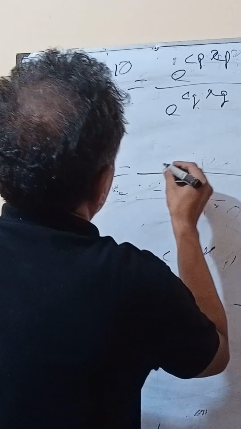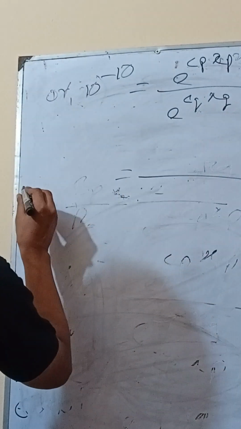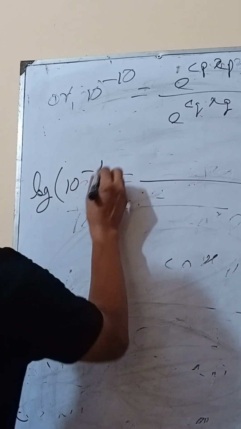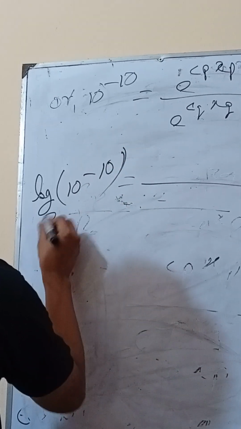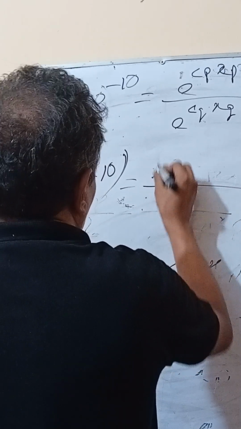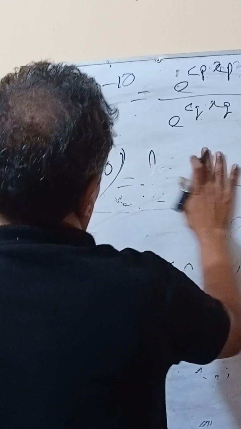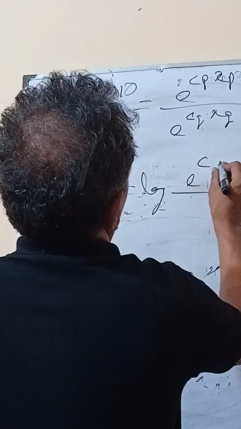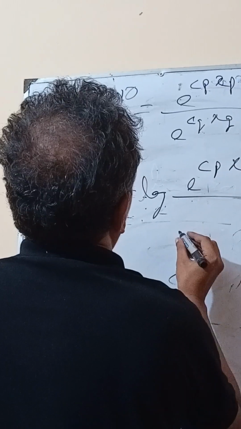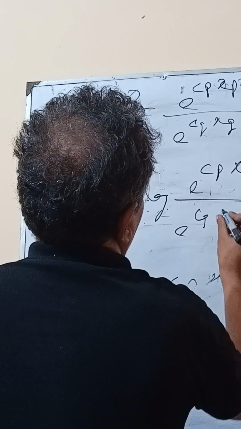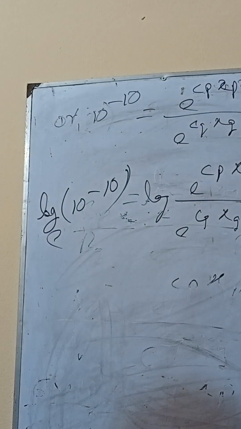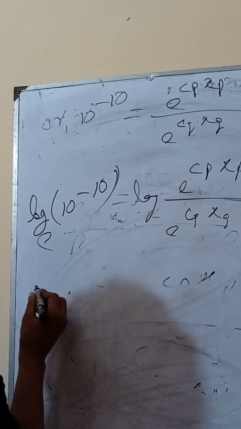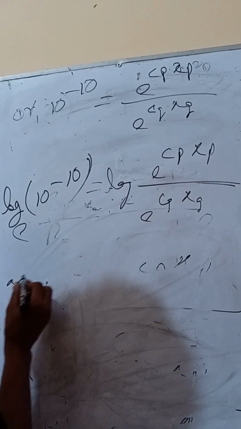Then we take log of 10 to the minus 10. This log base is E, and log ECP XP by ECG XG. This mean of log is approximately minus 10.